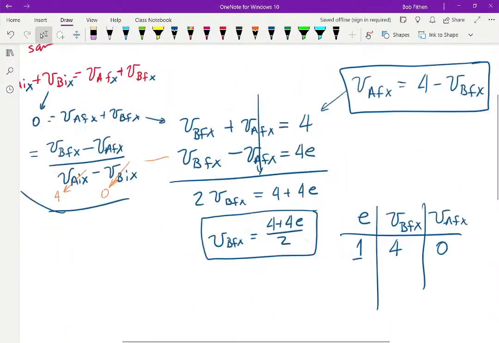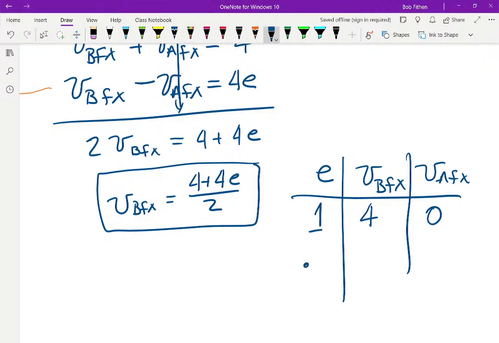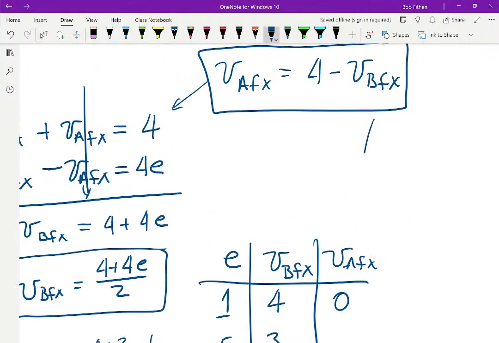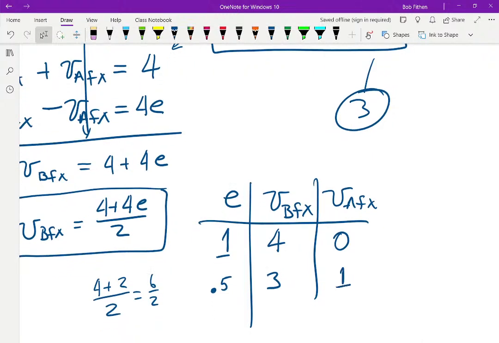So let's see what happens with E of, say, 0.5. So you put in 0.5 here, and you get 4 plus, well, 0.5 of 4 is 2, and then that gives you 6 over 2, or it gives you 3. If that gives you 3 up here, then you get a 1 right here.